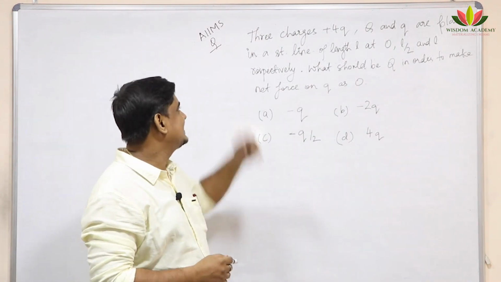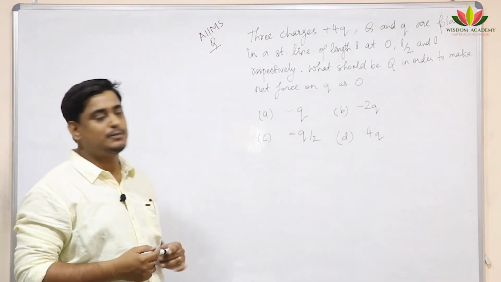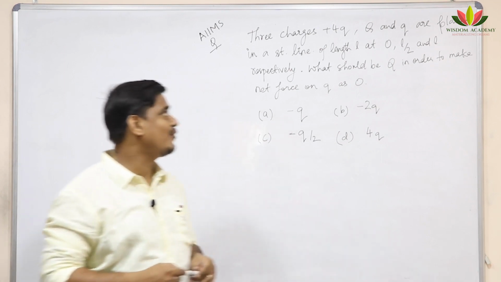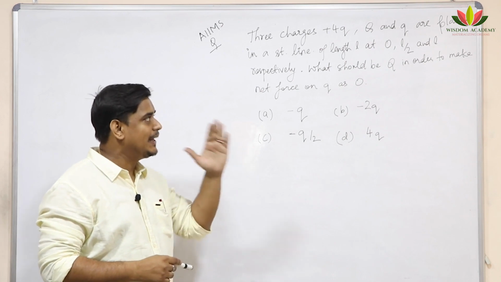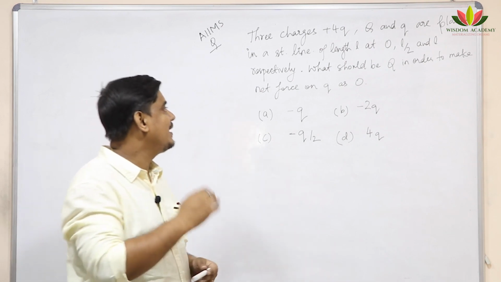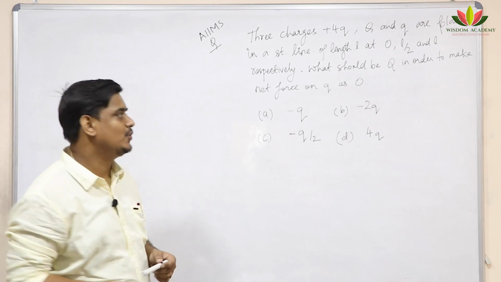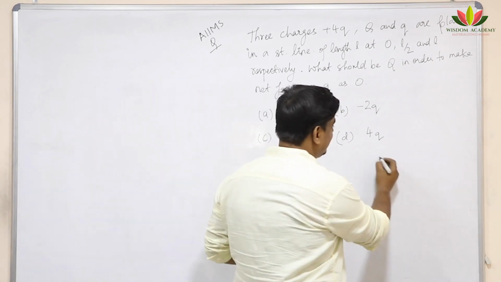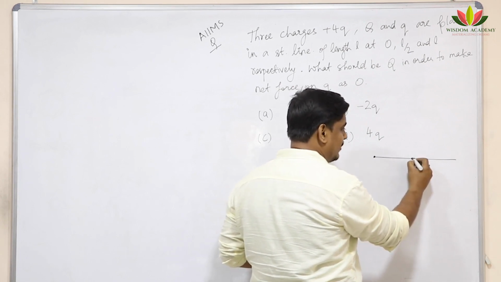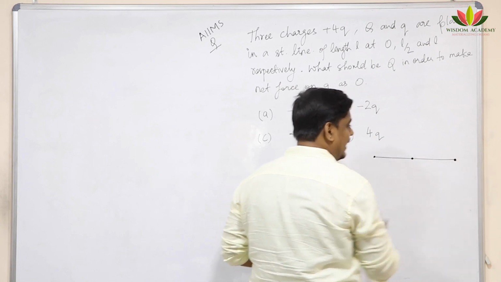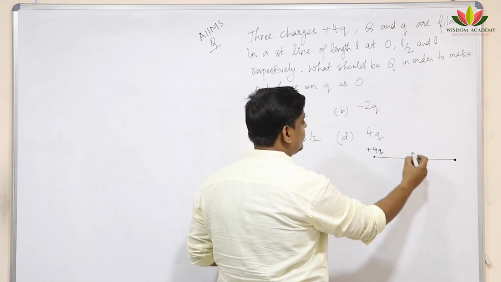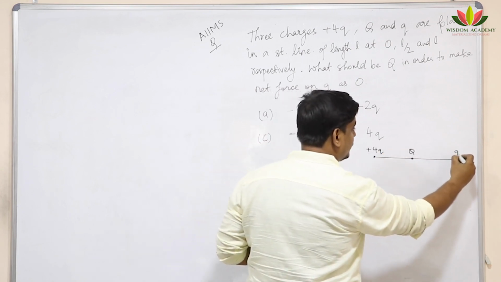This question was also asked in AIIMS. 3 charges plus 4q, Q and small q are placed in a straight line of length L at 0, L by 2 and L respectively. What should be the Q in order to make the net force on small q as 0? If I draw it in a diagram, a straight line at 0, at L by 2 and at L, I am placing 3 charges, that is plus 4q, Q and q.